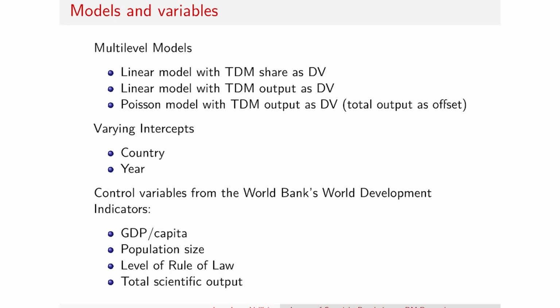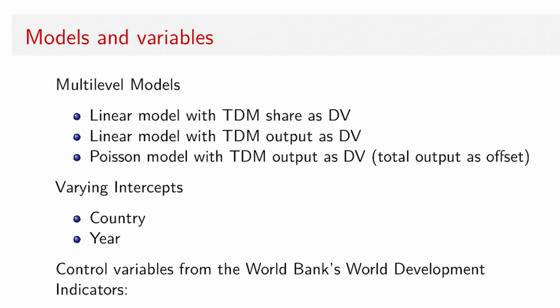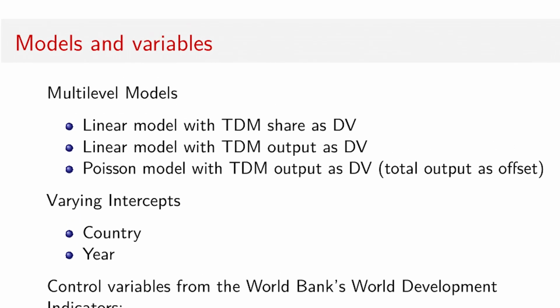Regarding the models, we fitted basically 3 different models. Two linear models with 2 dependent variables. The first one used the share of data mining papers over the total output of each country each year as the dependent variable, in order to control for the size of the country or the total amount of research.